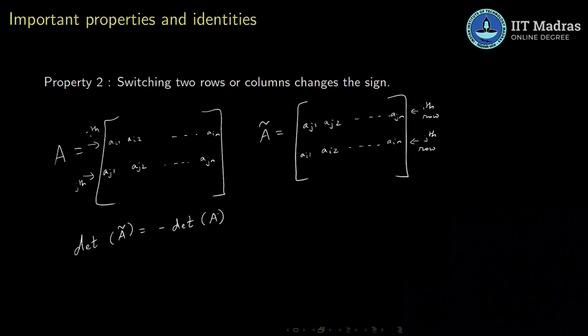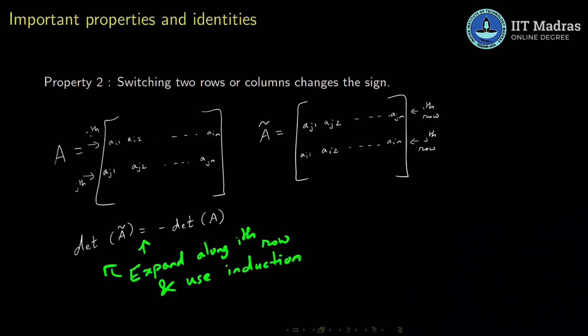So the idea is to expand along the ith row and then use induction. Okay, so if you do that, you will see a minus sign coming up. Fine.